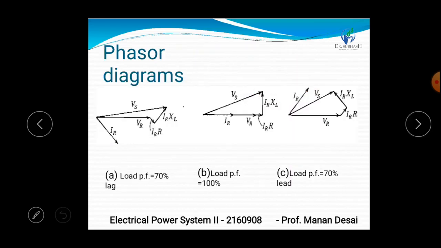See, in this figure there are three different types of power factors: lagging, leading and unity. Now let the receiving end VR be taken as a reference phasor, represented on the x-axis.